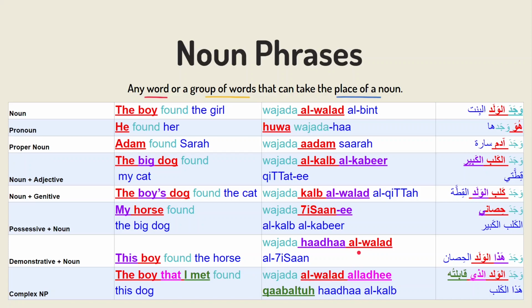So you can find that you can have as complex an arrangement or mix and match as possible of all of these, but you'll find that it all boils down to the same 1, 2, 3, 4, 5, 6, 7, 8 arrangements that you can have the noun phrases in. You can use them in any different arrangement.